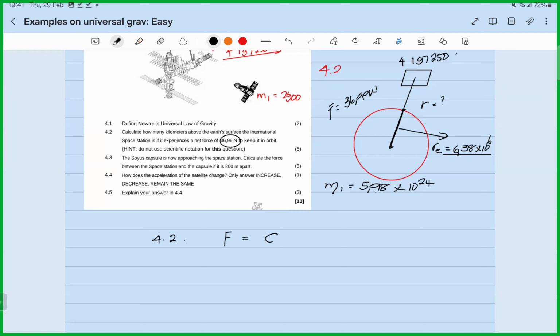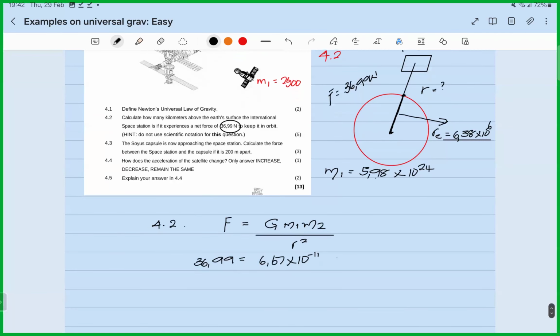F equals G M1 M2 over R squared. 36,99, 6.67 times 10 to the minus 11. Mass 1 is the Earth.